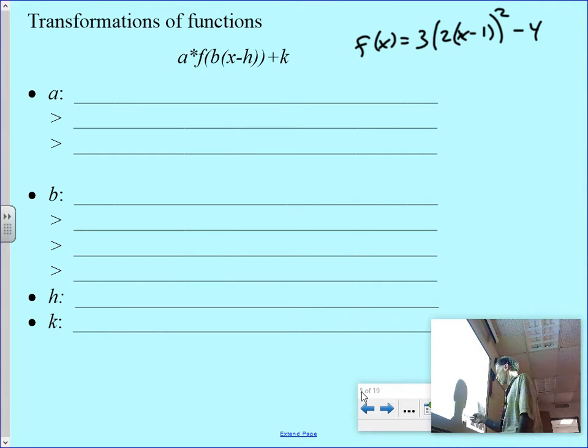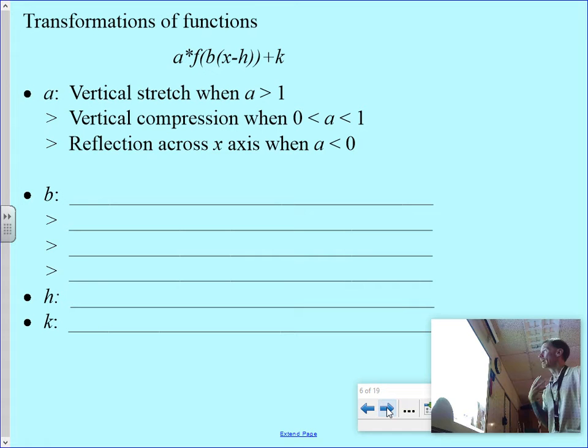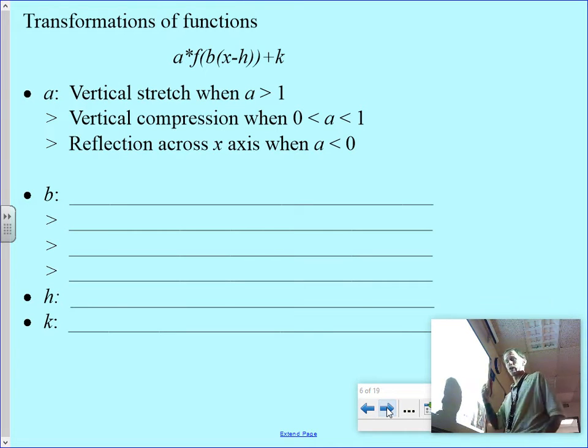Well, a can do one of three things. It can be a vertical stretch if a is greater than 1, which you can think of as making it thinner or skinnier or steeper, a lot of different words you can use for that.